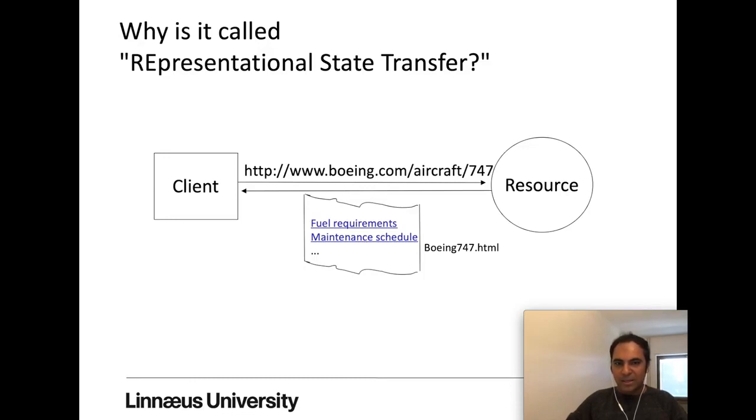For each transition we might change the representation, and also for each transition we might get new states or new links, and we are transferring from one state to another state in the application. This is how the name was proposed: Representational State Transfer.